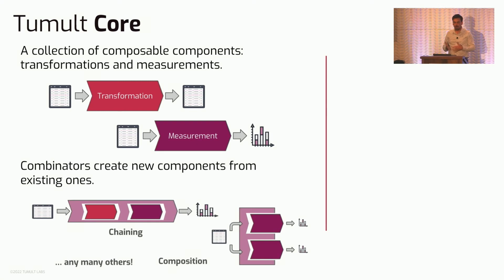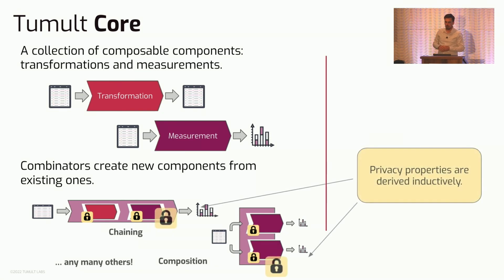But the power of Core lies in its ability to combine these base components into more complex algorithms. Combinators like chaining and composition and others make it possible to derive new measurements and transformations from these base components. And crucially, the privacy properties of the new component are derived automatically from the properties of the components that are being combined.